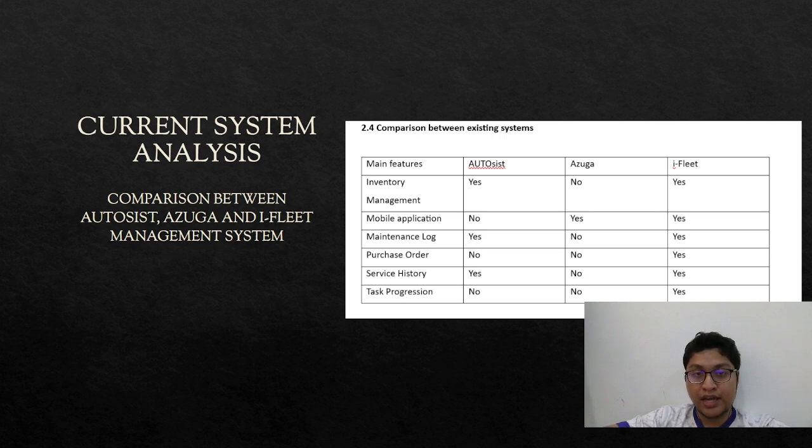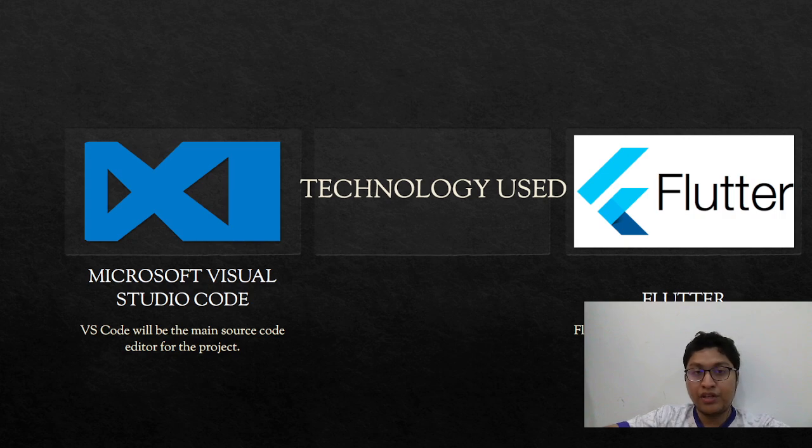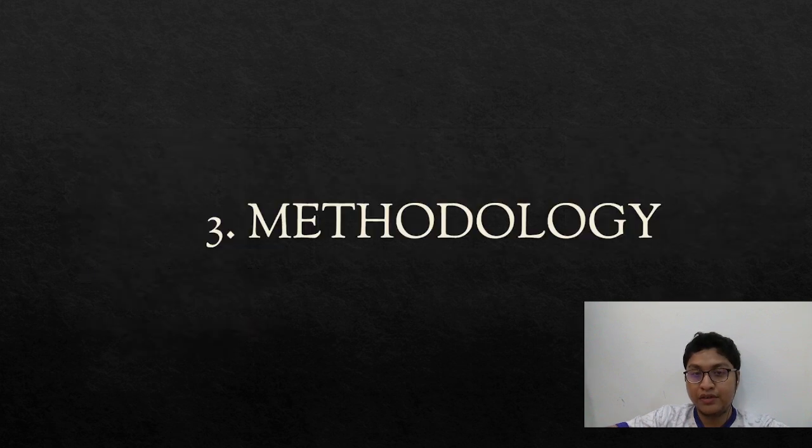So you can see that a few main features are lacking in either Autosys or Azuga. For example, Azuga doesn't have inventory management or maintenance log or purchase order or service history, while Autosys doesn't have a mobile app and doesn't have purchase order. So the technology used here is Visual Studio Code and also Flutter.